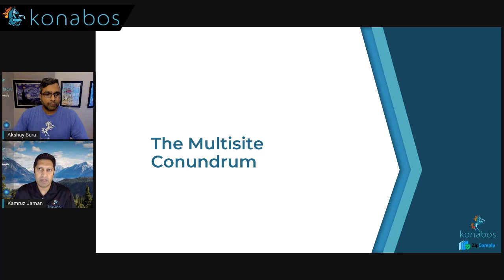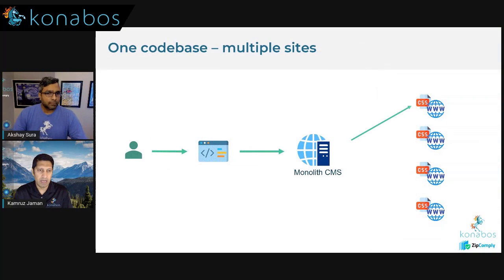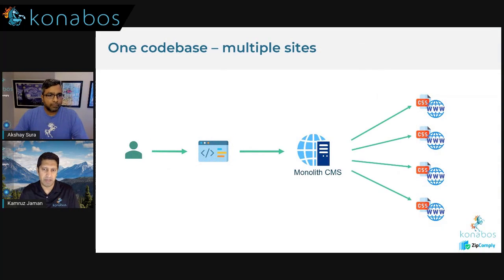But that works really well when you're at a small scale, you have just a handful of sites to manage, or you're at a small team scale. But as it grows, it becomes a bit of a problem. And I'll explain this with some of these slides. It'll make it just a bit easier to understand.